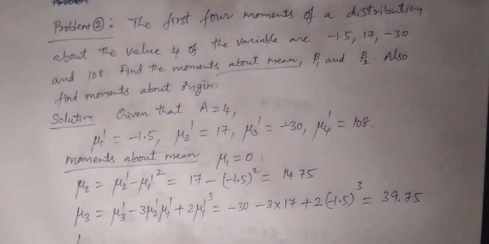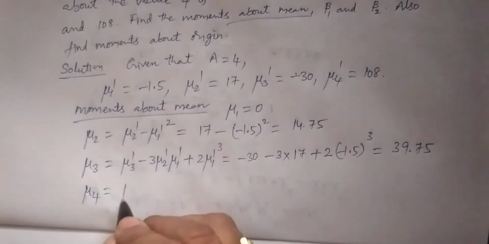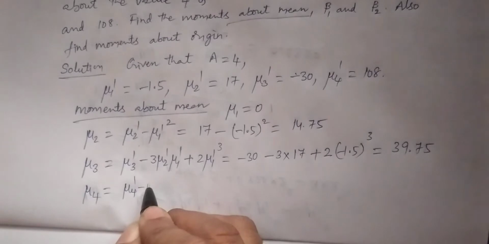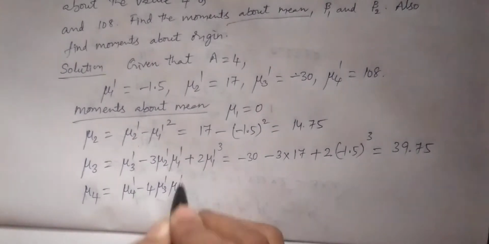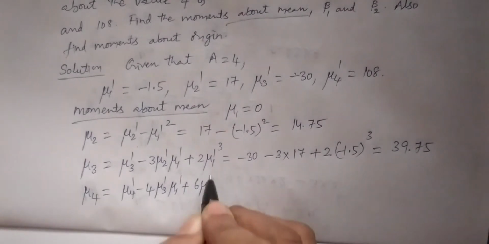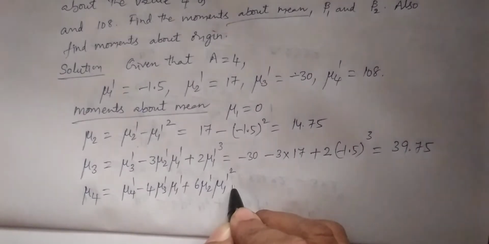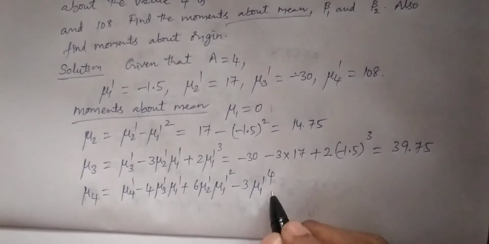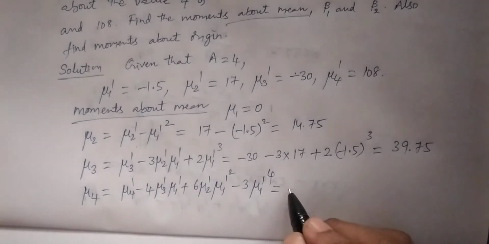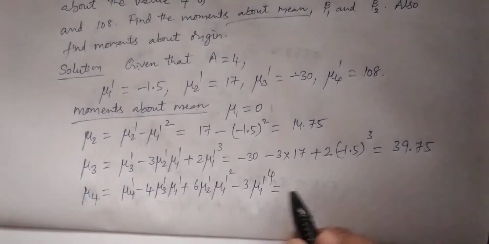And now use another relation, which is called mu4. Mu4 is equal to mu4 dash minus 4 mu3 dash mu1 dash plus 6 mu2 dash mu1 dash square minus 3 mu1 dash power 4. This is the relation, and substitute the values.